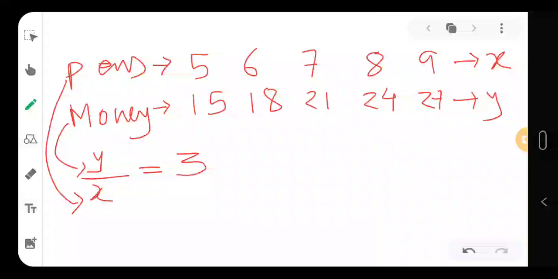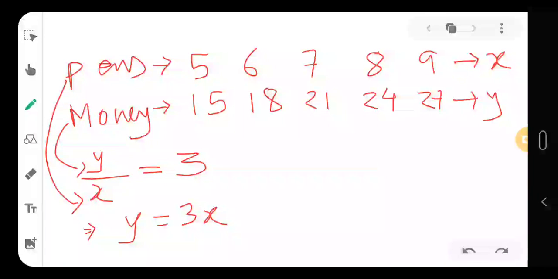So you can see that in this case I can also write using algebra that y is equal to 3x. This x is going to the right hand side and it is becoming a multiplicative factor.